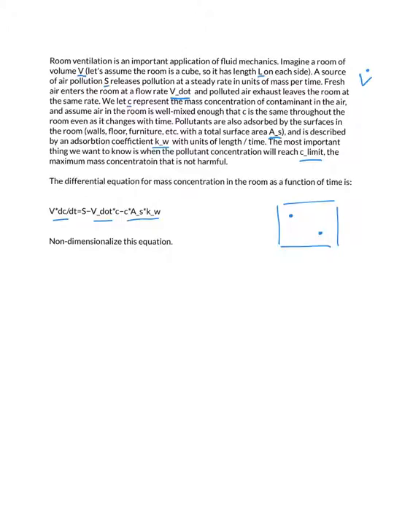I'm going to rewrite this in a way that might be a little bit easier for y'all to follow. Okay, so V times dC/dt is equal to S minus V dot C minus C A sub S K sub W. Just as a quick check to make sure that this equation makes sense, we have dC/dt times V. That's going to give us mass per time.